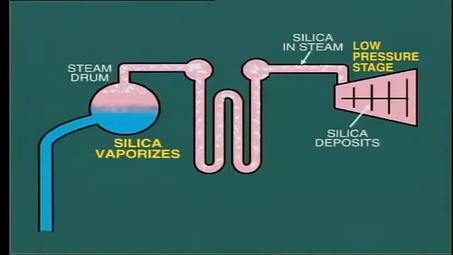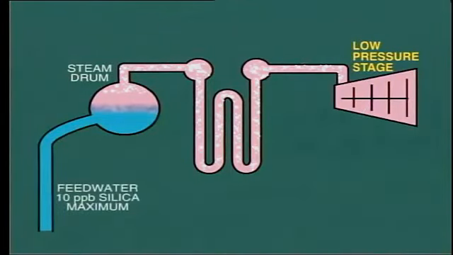But how can we reduce the silica content if it is higher than this? Well, one way of reducing silica content is to increase the continuous blowdown from the boiler drum. This is not a very efficient procedure because we are wasting heat and water, but it may be the only solution. If possible, a far better method is to eliminate or reduce to a very low level the amount of silica which enters the boiler with the feed water.